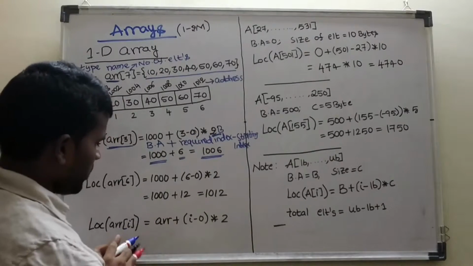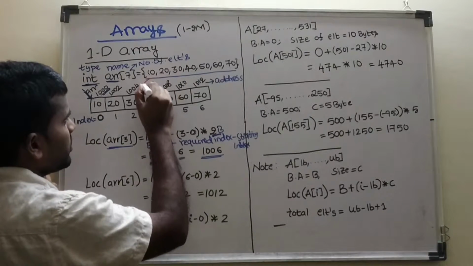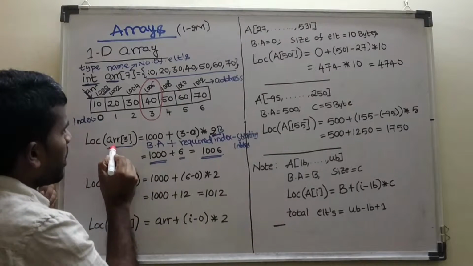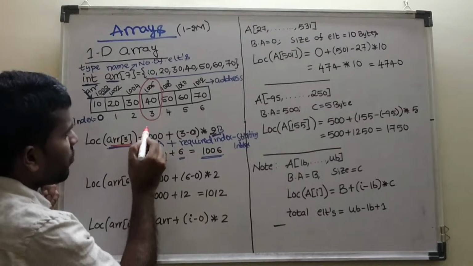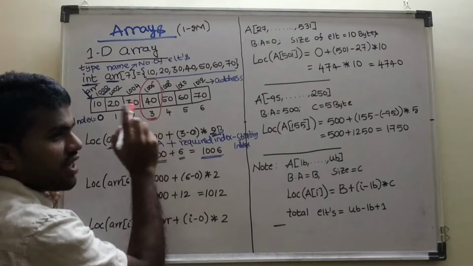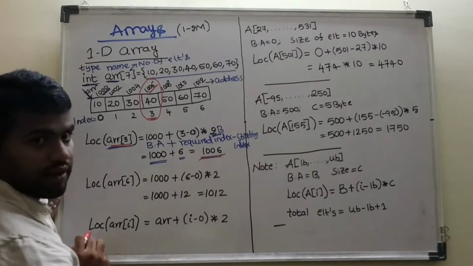In 1006, which element? We will directly go to the 1006 address. Here, what they ask is array of element 3. What is array of element 3? It is 40. What is its address? 1006. Same thing we got here.